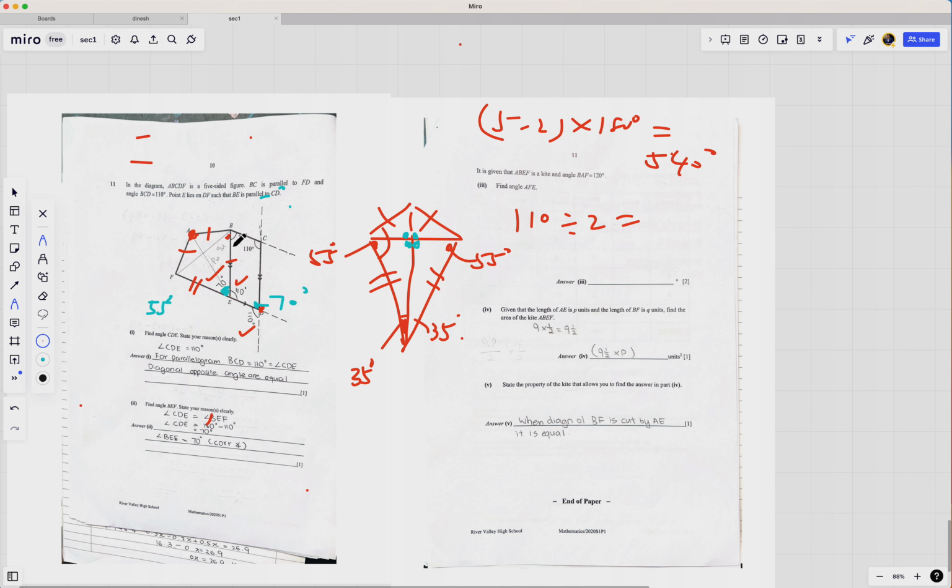So this one, the whole thing is 125. Okay. So therefore, this one is 55. Yes. But that cannot work. Interesting.